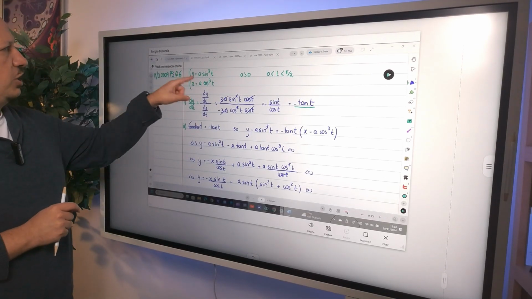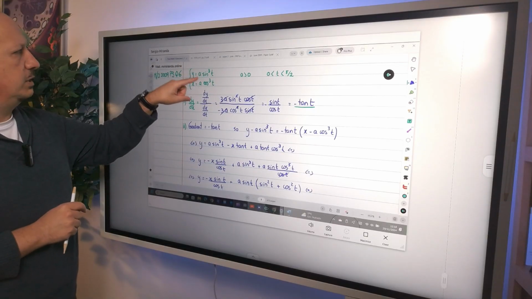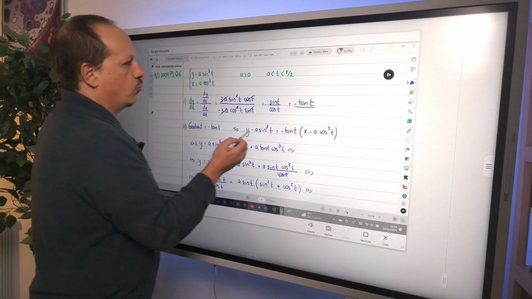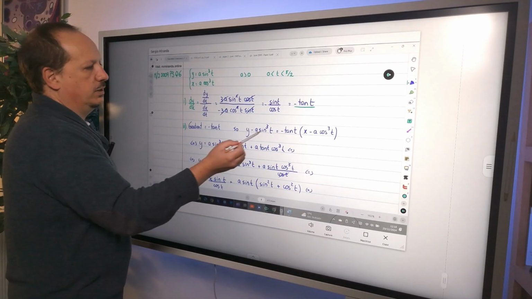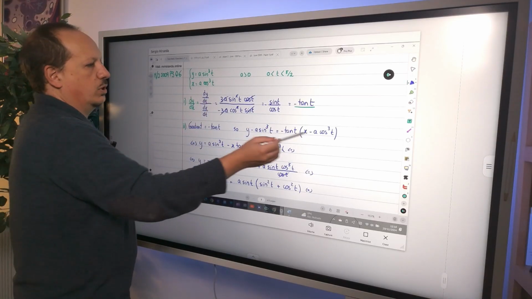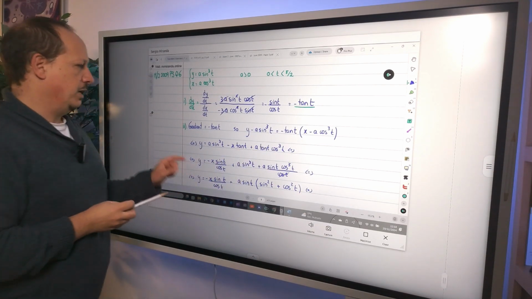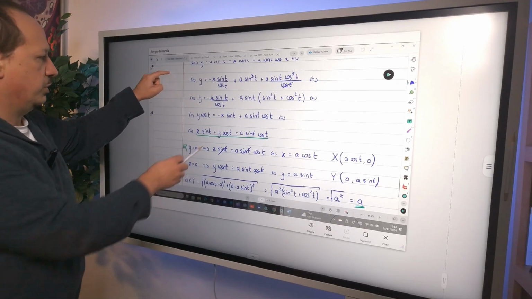So in this general point over here with parameter t, this is going to be the y-coordinate, this is going to be the x-coordinate in terms of t. So plug in the equation of the straight line, y minus the y-coordinate equals the gradient times x minus the x-coordinate. Expand these brackets over here, and then try to simplify until you get what you want, which is this.